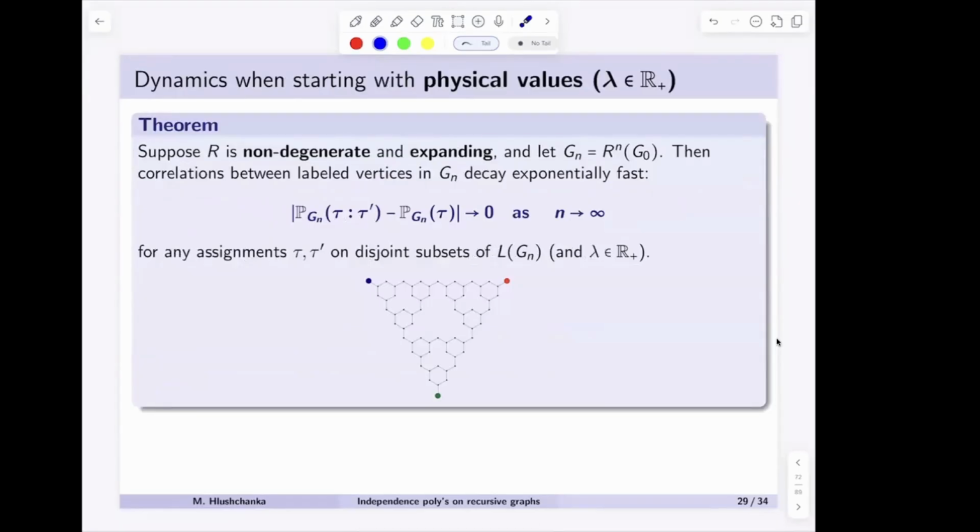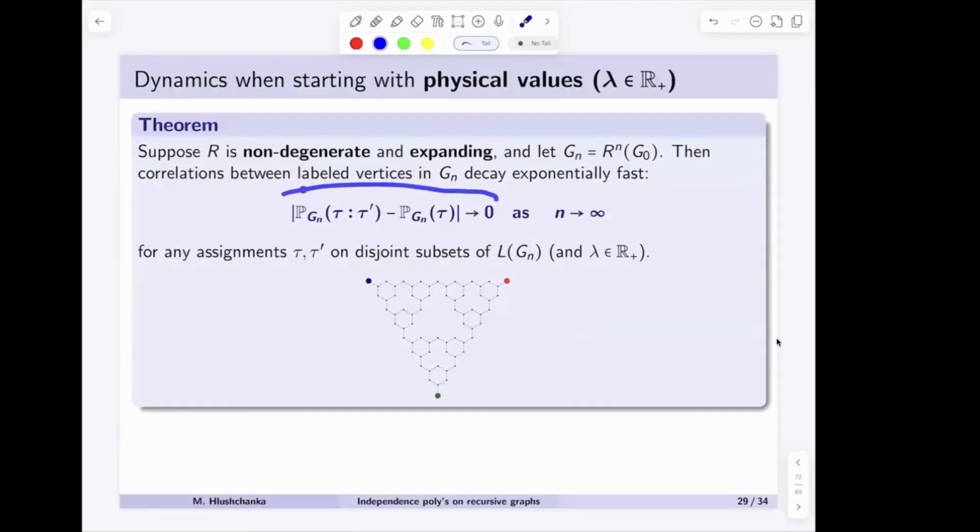Now, one extra ingredient that I need is to tell you what will happen if we start from the physical parameter. Remember that for now, I didn't let my parameter vary, but suppose now that I pick some parameter lambda on the positive real axis, which corresponds to physical values. Then if the recursion is both non-degenerate and expanding, the sequence of iterates converges towards the invariant manifold. Put differently, the correlation between the labeled vertices decreases, and actually exponentially fast in this case.